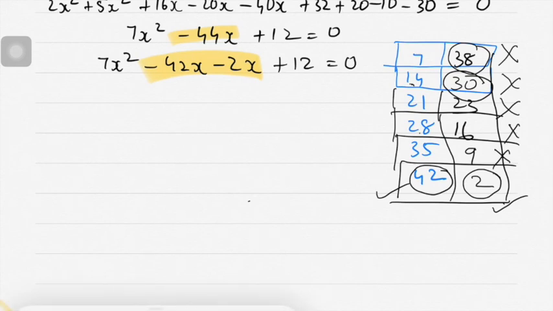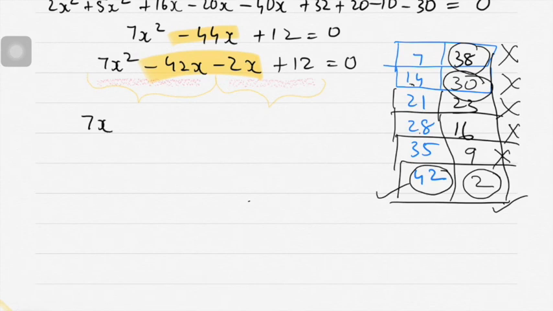Now what I'll do is, this is one group and this is another group. I will take 7x square minus 42x together, and minus 2x plus 12 together. Now in 7x square minus 42x, what is common?